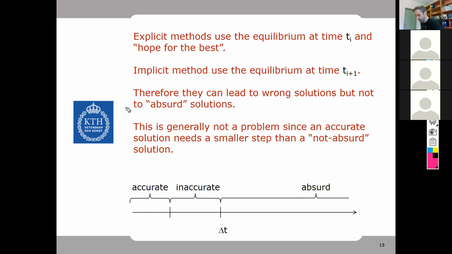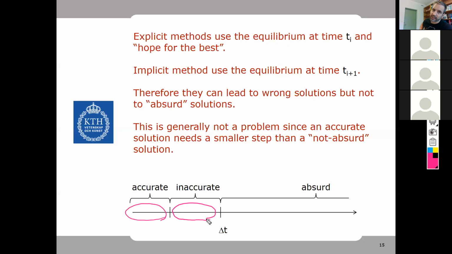Well, how wrong? Well, that depends. If you see in this line, this is just a simplification, of course, but for delta t sufficiently small, the results are going to be accurate for both. If we have a delta t that is too large, at some point we're going to have inaccurate results.